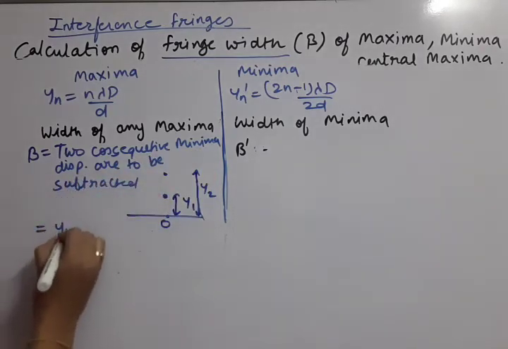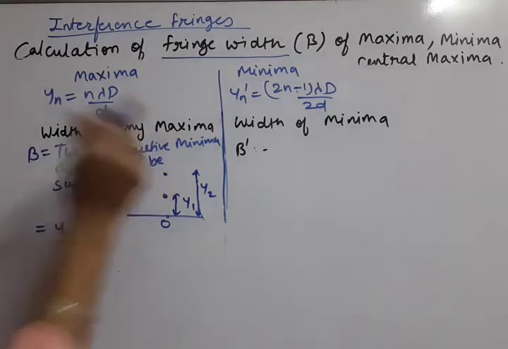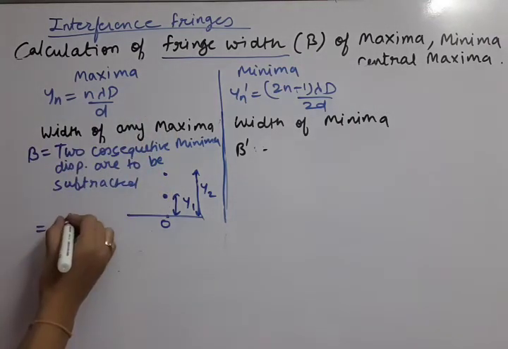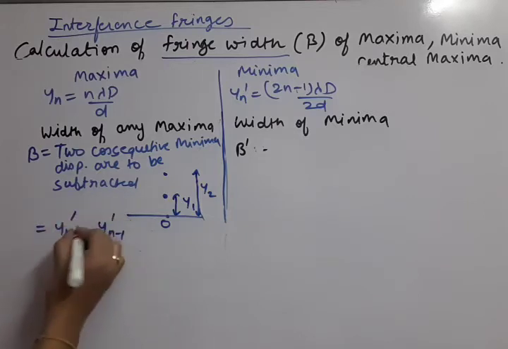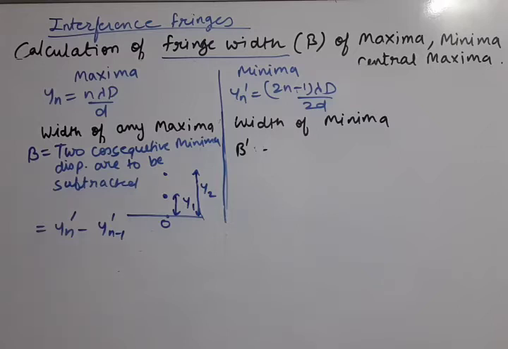So if I want beta, that means the width of maxima, I have to take the two minima displacements. So I am taking yn dash minus yn minus 1 dash. Two consecutive minima I want. So if one is n, the other can be n minus 1. So here, if beta is needed, it will be yn dash and yn minus 1 dash.